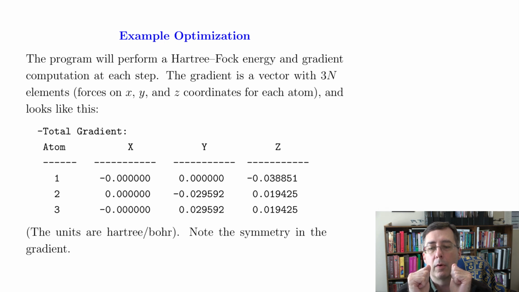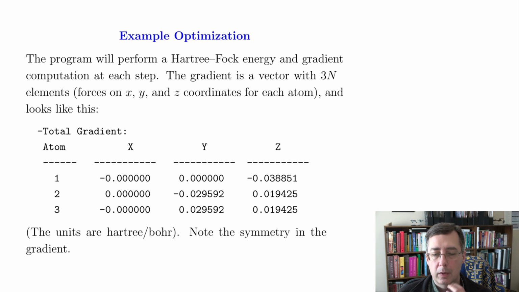And then they're both going, in this case, looks like up on the z-axis. And so that's the kind of symmetry you want to see if you are optimizing a symmetric molecule. If I had a symmetric molecule and the gradient was completely non-symmetric, that would be a sign that something very strange was going on. Most programs are going to compute these in Hartree per Bohr, so those are the units that we're looking at here.